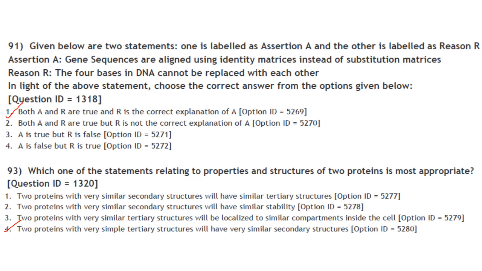That is, they may have the same physicochemical properties, that is in the case of amino acids. So here gene sequences are aligned using identity matrices instead of substitution matrices, and the 4 bases in the DNA cannot be replaced with each other. So that is correct. So both A and R are true and R is the correct explanation of A.